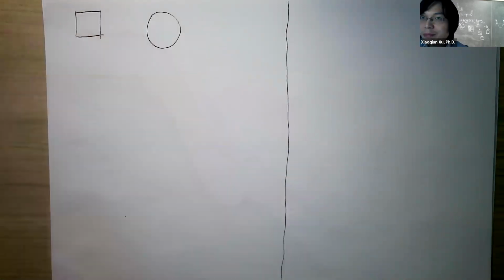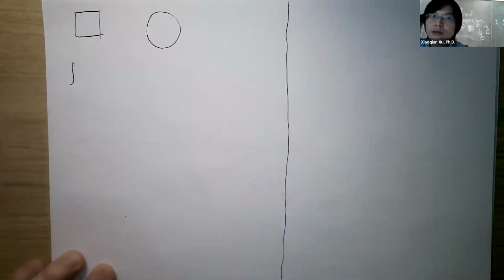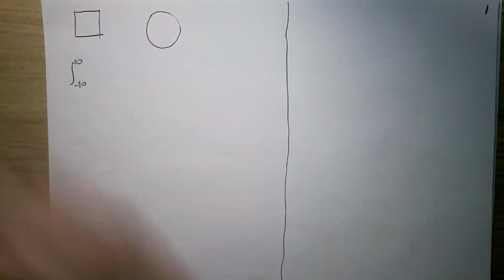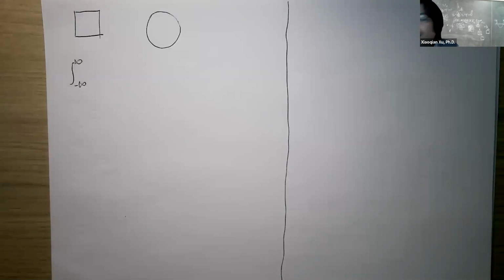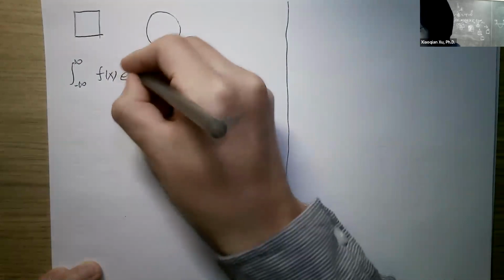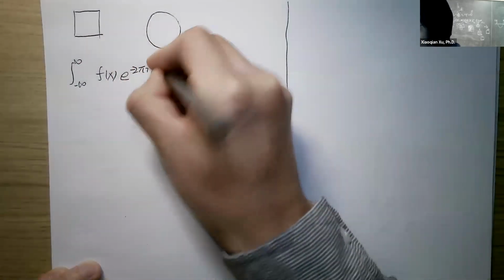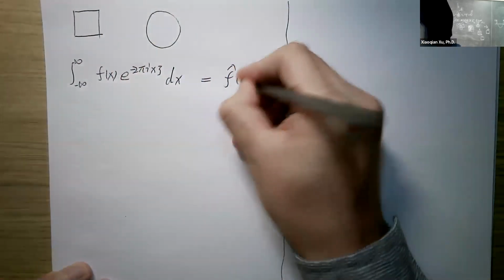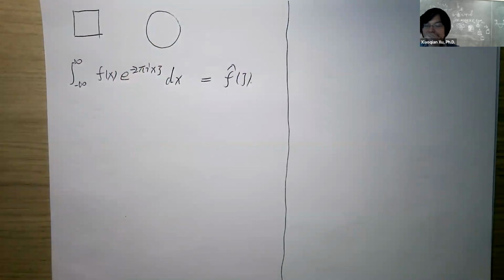So let me first tell you what kind of function we are going to discuss. When we discuss the so-called Fourier transform, what we are trying to do is take the total integral of some function paired with e to the minus 2 pi i x xi dx. This we eventually call the Fourier transform of our function.